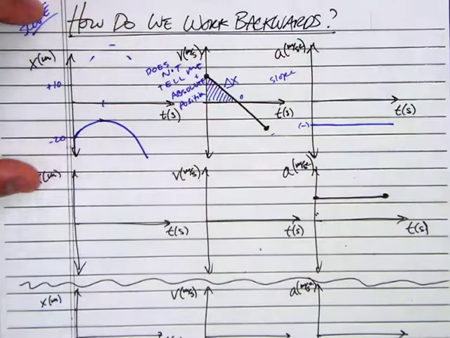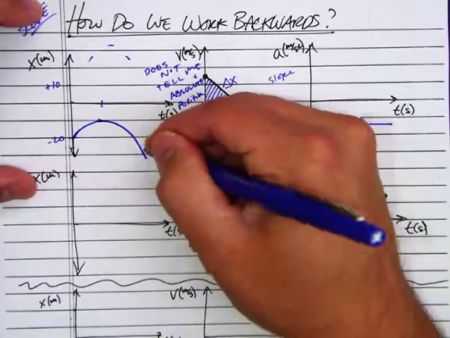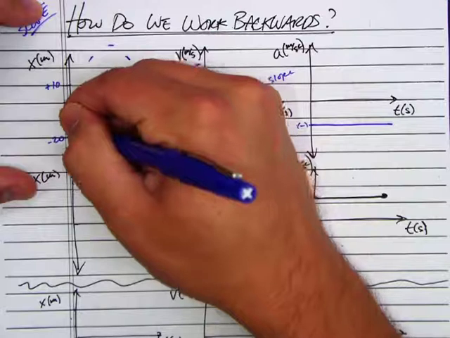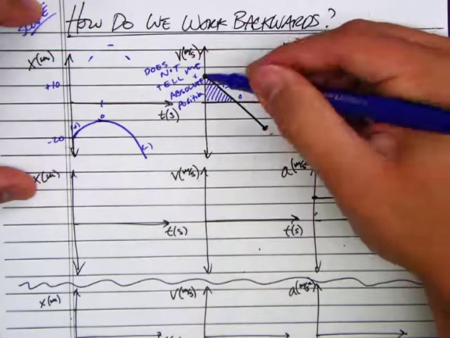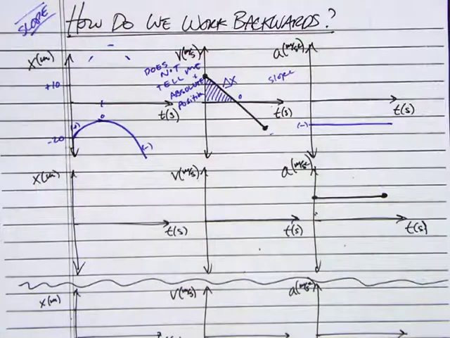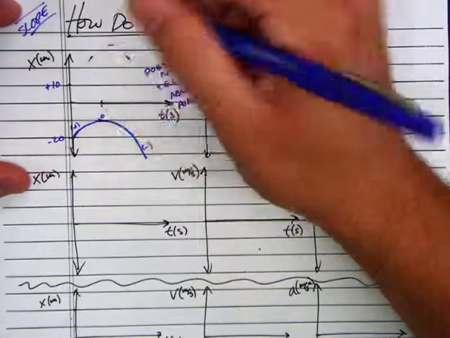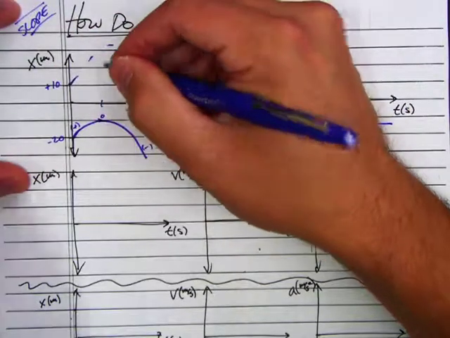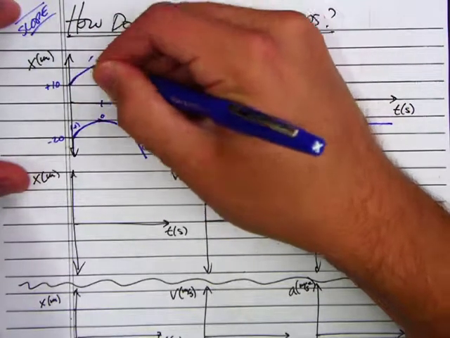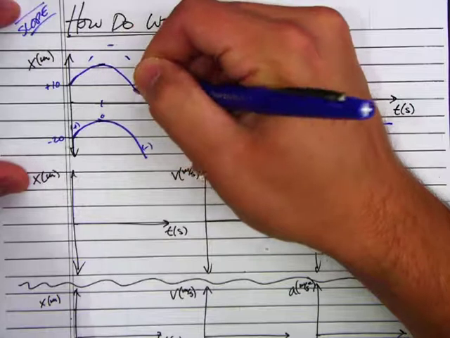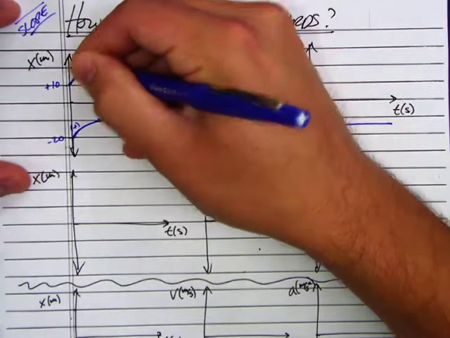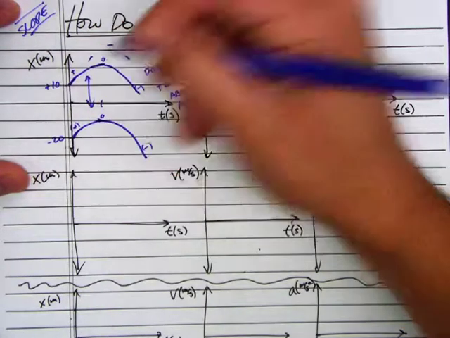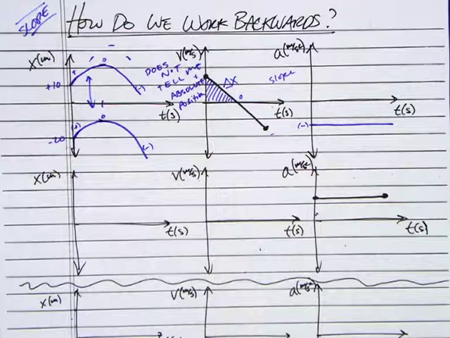And then it slopes down like this. Positive slope, 0 slope, negative slope. The same would come at an initial position of 10: positive slope, 0 slope, and then negative slope. So these two graphs have the exact same shape, they're just located at different positions.